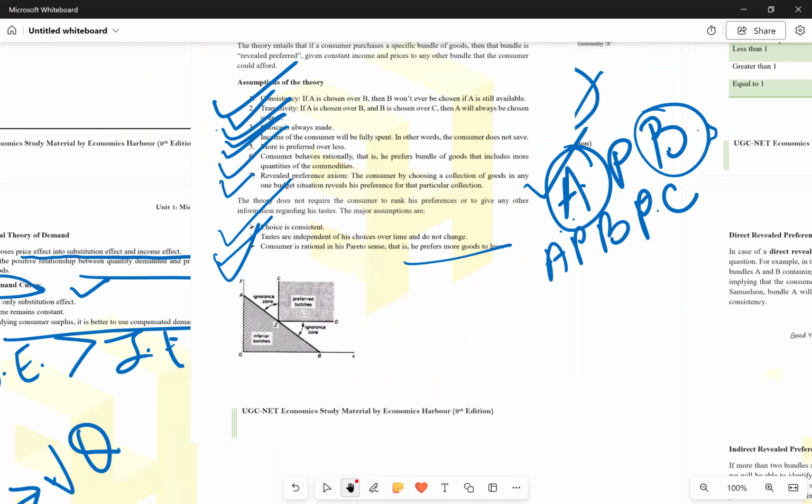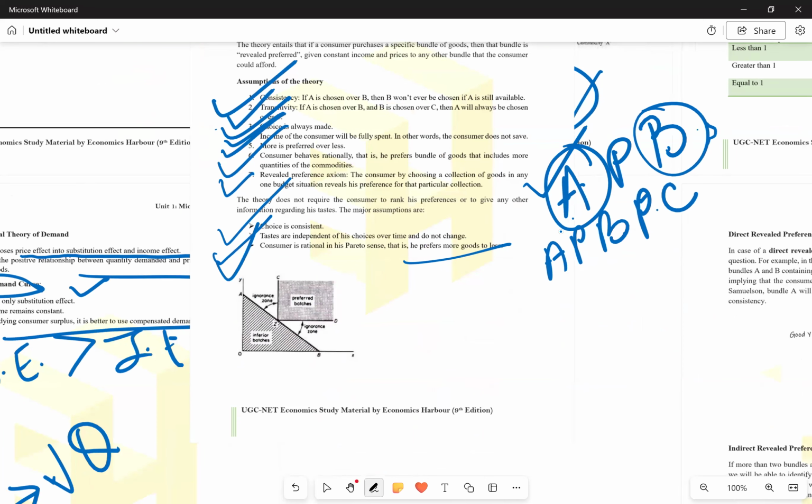So if we see the diagram here, this is the revealed preference curve, his preference curve basically. Any point above this line would be that he cannot afford it, right? This is the line of budget. We have made the assumption that the consumer will fully spend his income.